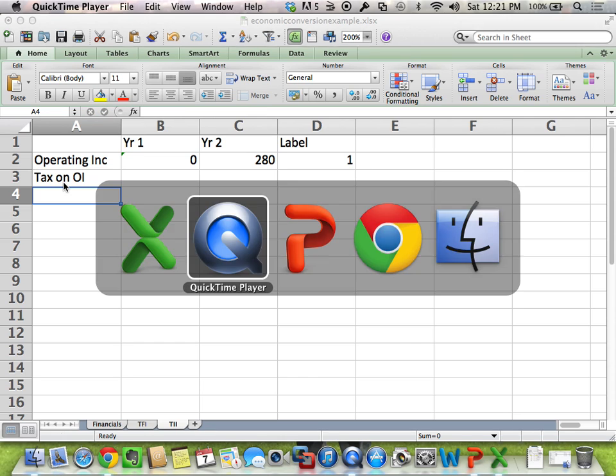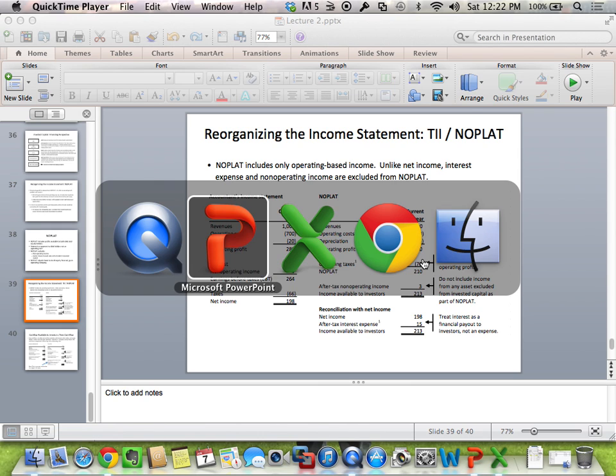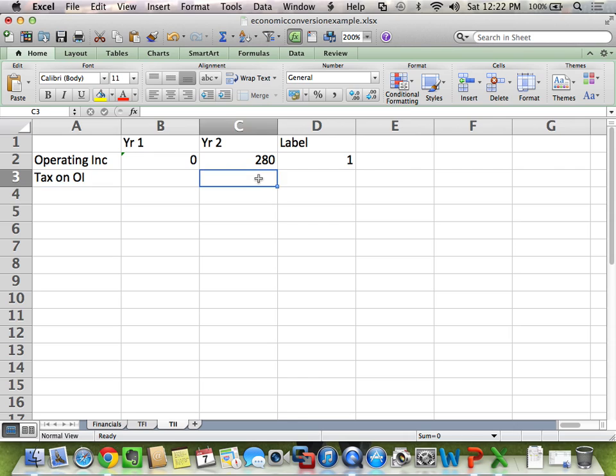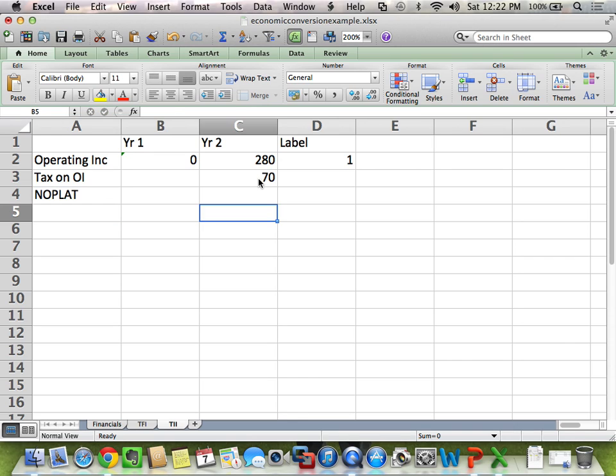I believe the tax rate they used, because we can see it off the income statement, is 25% here. 70 over 280 is 25%. So on our statement, I would take that times 0.25. And that would get me NOPLAT, which is my operating profit minus the taxes on the operating profit.